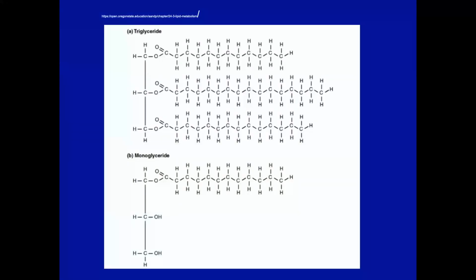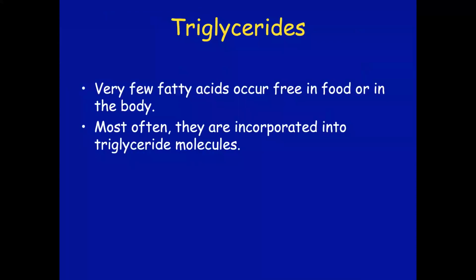It's the bottom of this diagram. You can see a monoglyceride. All that means is there's a glycerol backbone and a single fatty acid chain. Tri means 3. So when you hear triglyceride, it's a single glycerol backbone and 3 fatty acid chains hanging off that. So very few of our fatty acid friends are going to be free in food or free in the body.